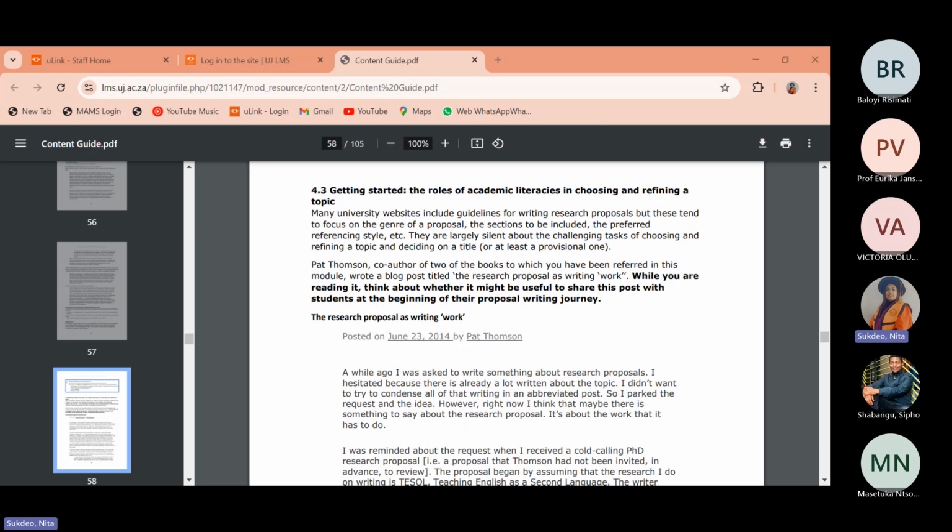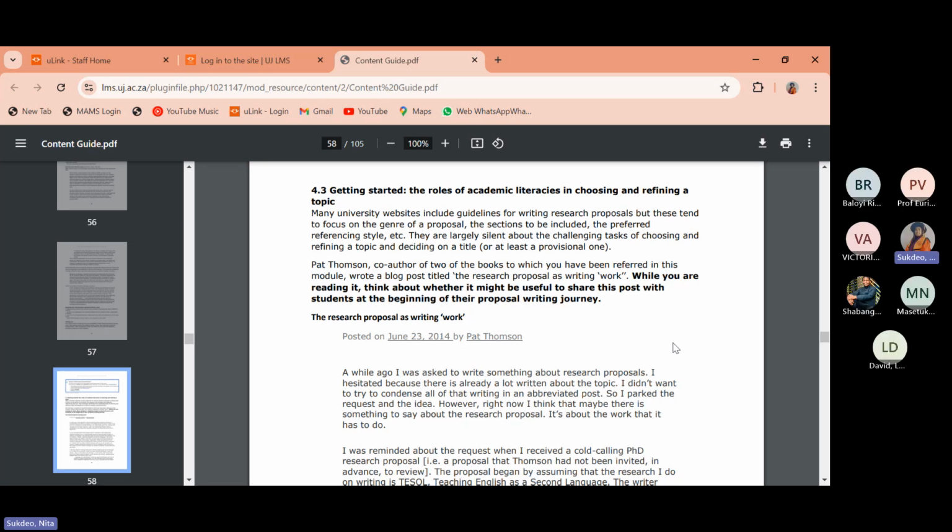All right. So the next section that we're looking at is getting started, the role of academic literacies in choosing and refining a topic. So quickly, let's unpack, to read everything that's here. So basically what we're looking at is how do postgraduate students choose their topic?